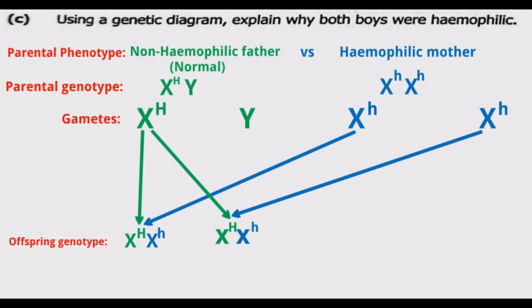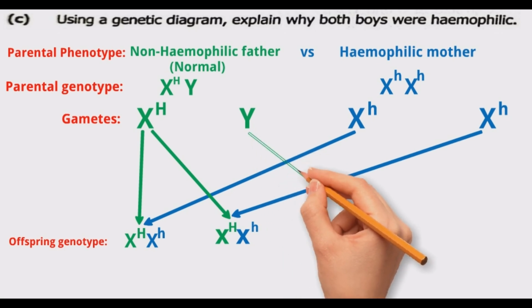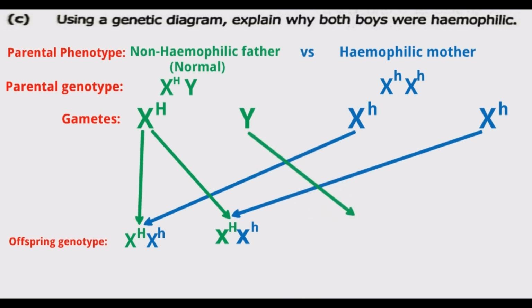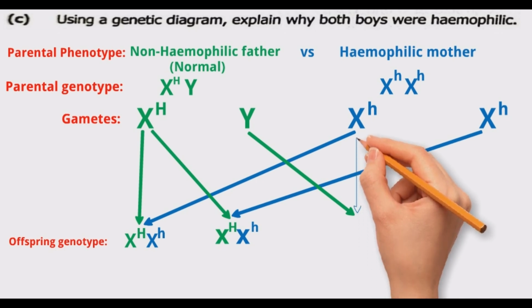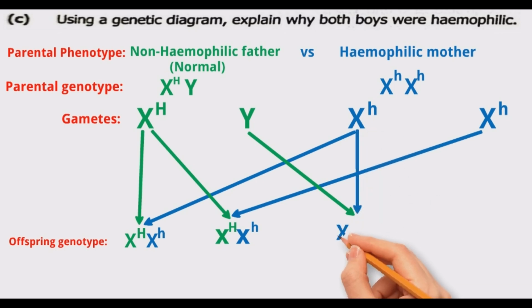Now once I've done that, the next thing I'm going to do is come to Y. Then I'm going to draw an arrow coming from Y up to under X, the first Xh of the mother here. Then I'll draw an arrow from the Xh of the mother coming down here.